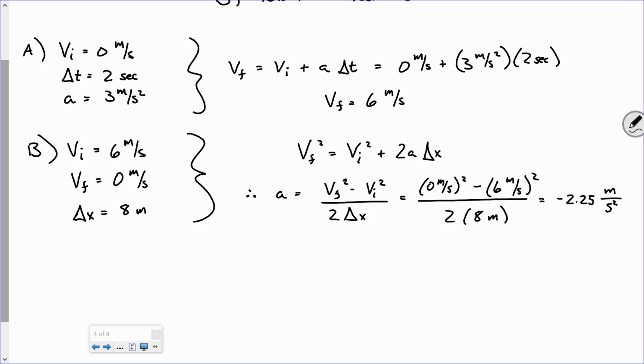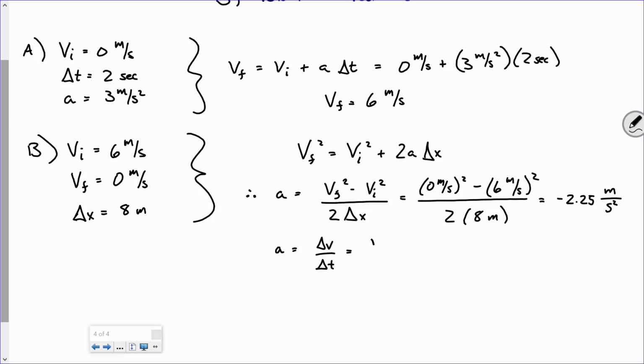So that makes sense, right? Now, here's the issue, though. What we're after is the time, right? We want to know how long it took the particle from the beginning to speed up and then slow back down, right? So, how do I calculate the time? Well, acceleration itself is a change in velocity over a change in time, right?